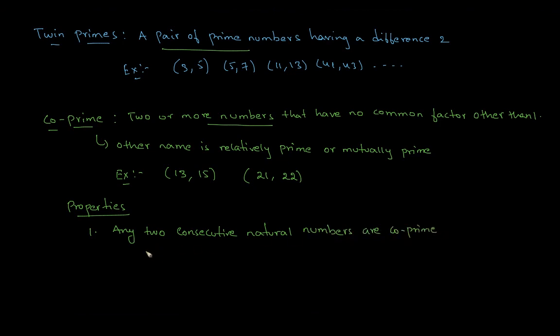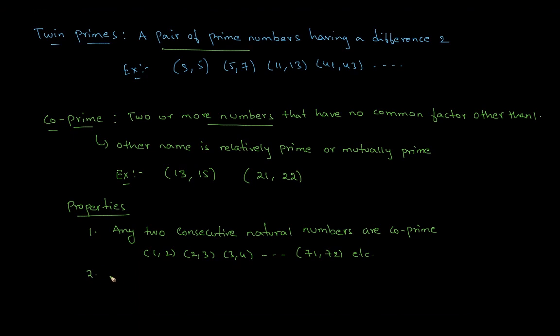What are the consecutive natural numbers? Like 1, 2, 2, 3, 3, 4. Any consecutive natural numbers. It can be 71, 72, right? Or co-prime numbers, right?